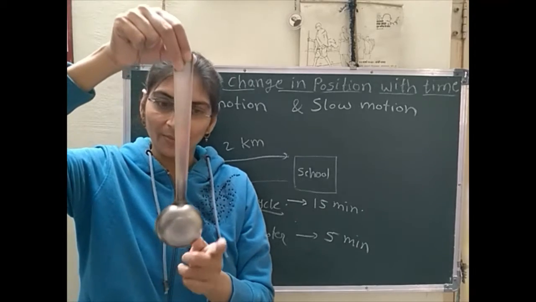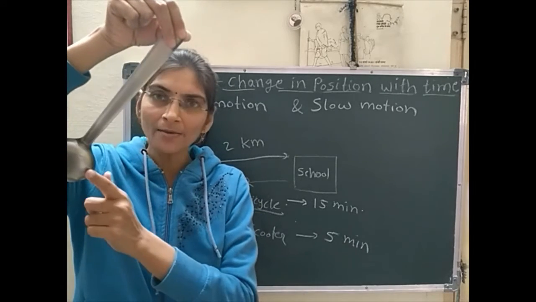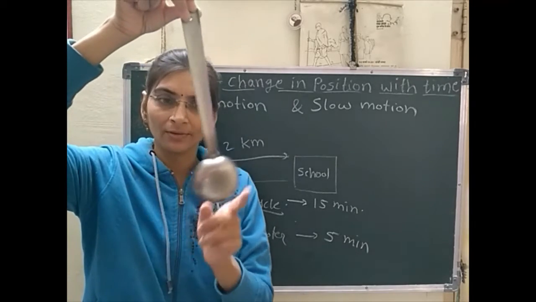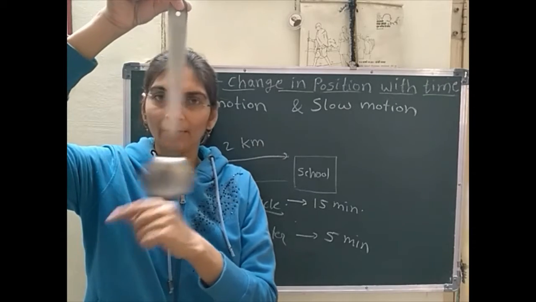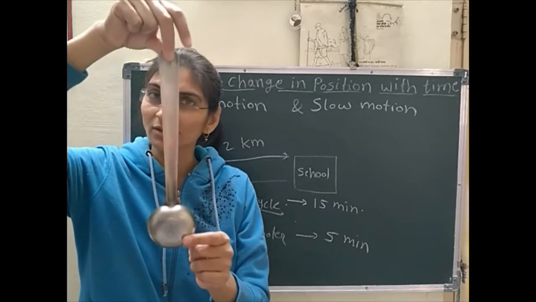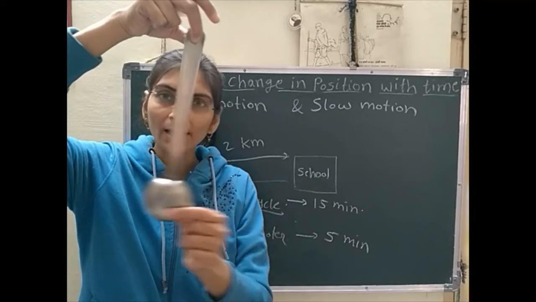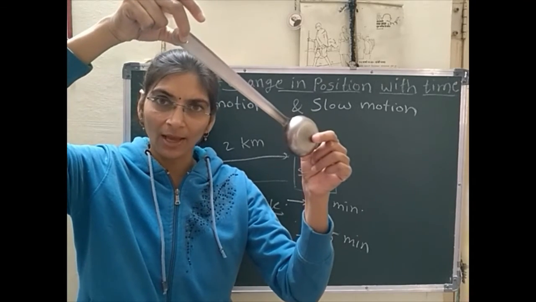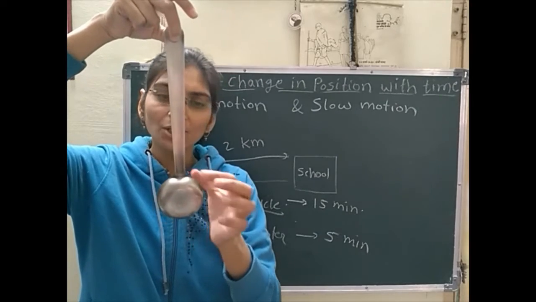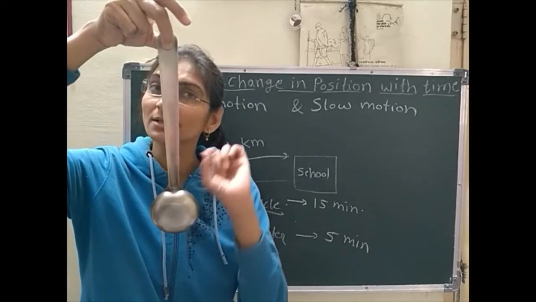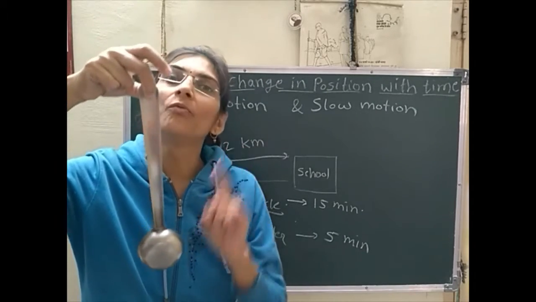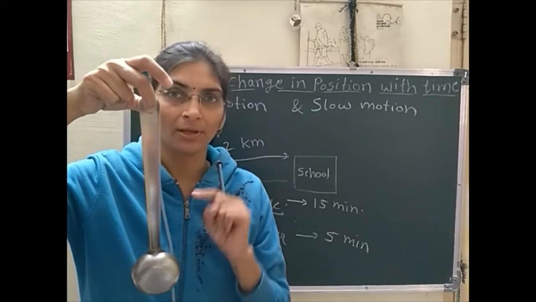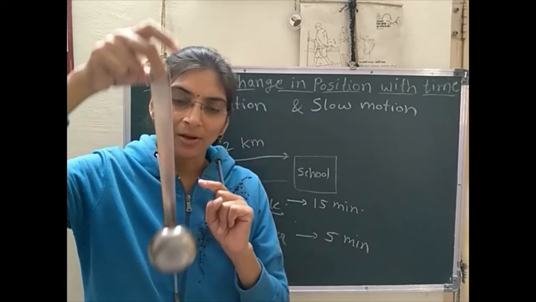If I start from the center, how does that oscillation happen? From here to here, then again here, again there, and again here. It means twice it should cross the center point. Then one oscillation happens.